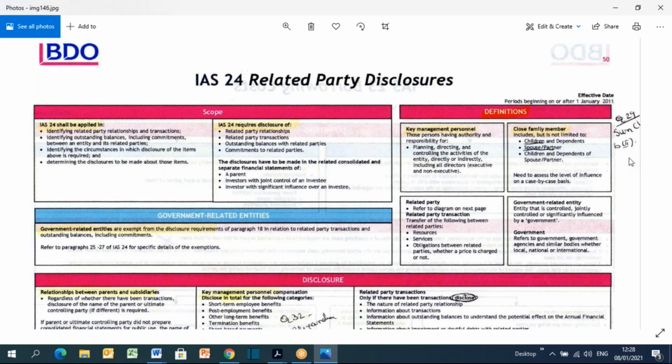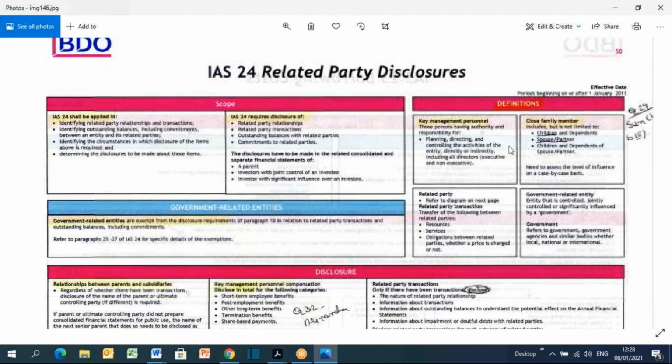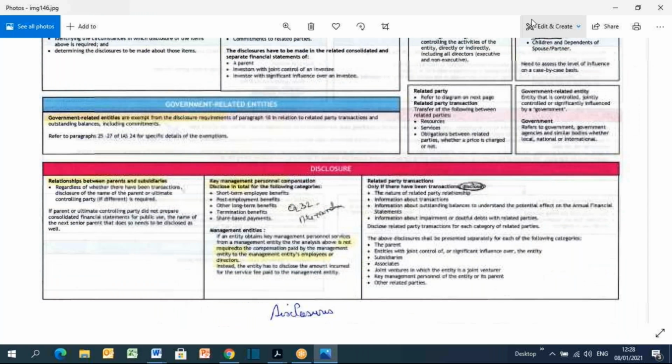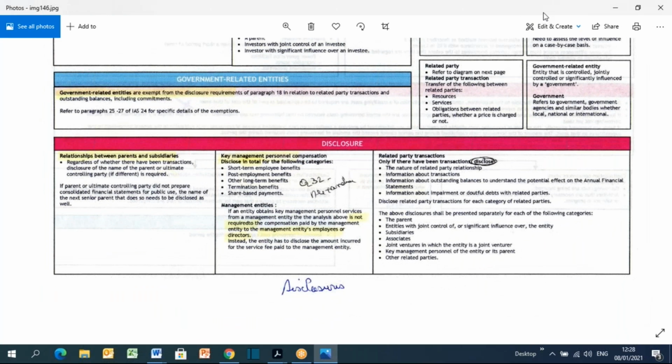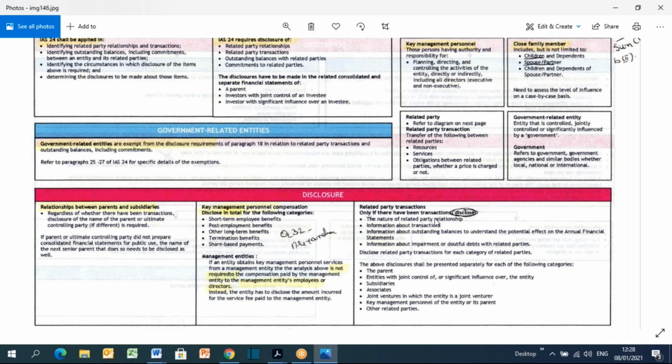You can even find the question by typing it on the internet, so it is not difficult to find. If we move on, here you have to know about disclosures: the relationship between the parents and subsidiaries, what is to be disclosed, the nature of the related party relationship, and information about the transaction.